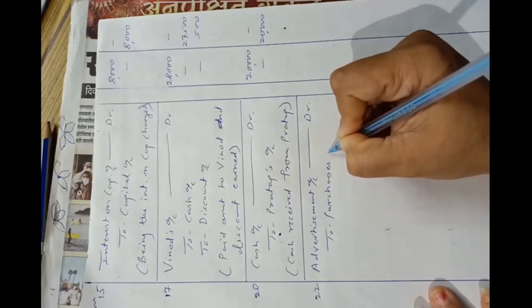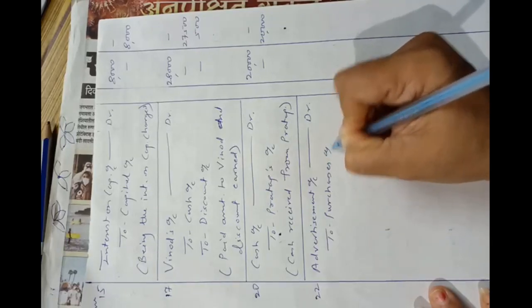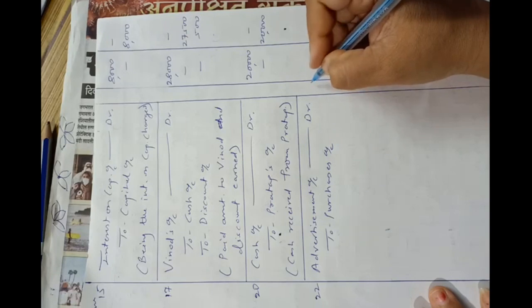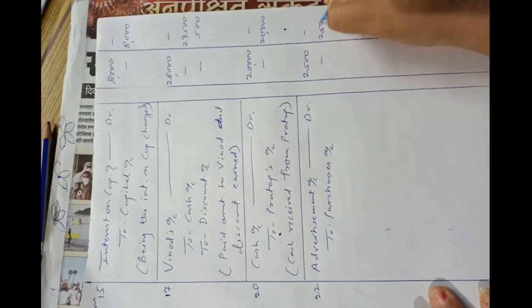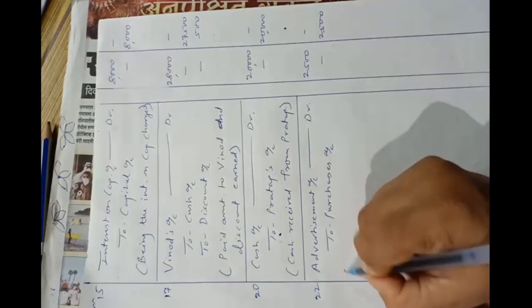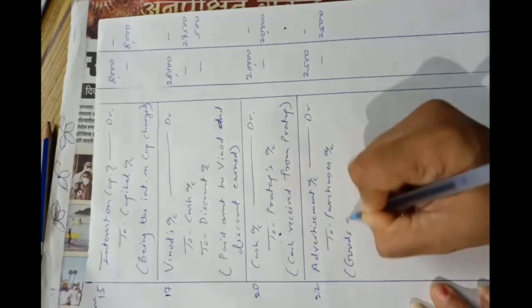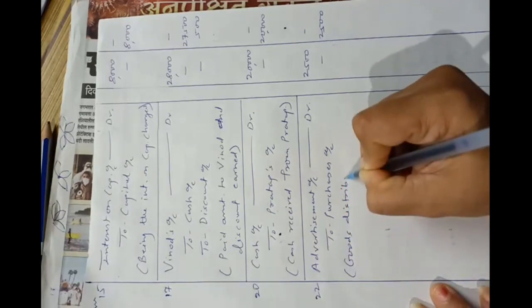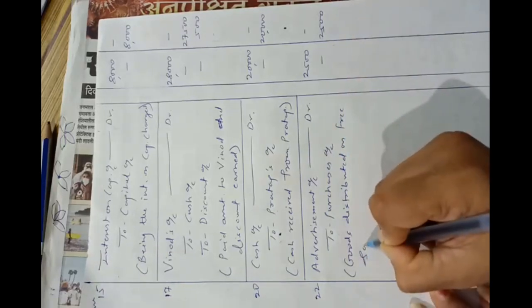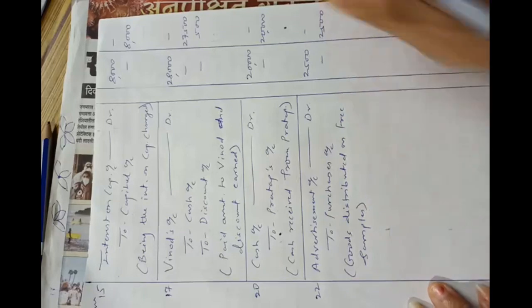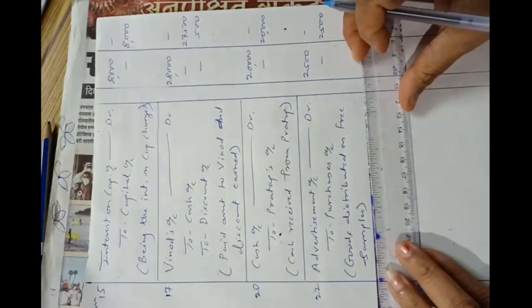Our purchases means purchase goods amount will decrease. So the amount is 2,500 as we have distributed goods worth rupees 2,500 as free samples. Goods distributed as free samples. This will be the narration.